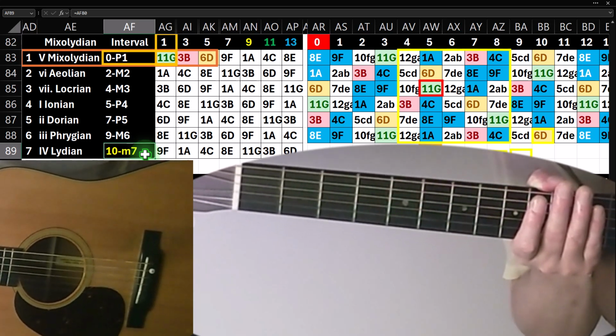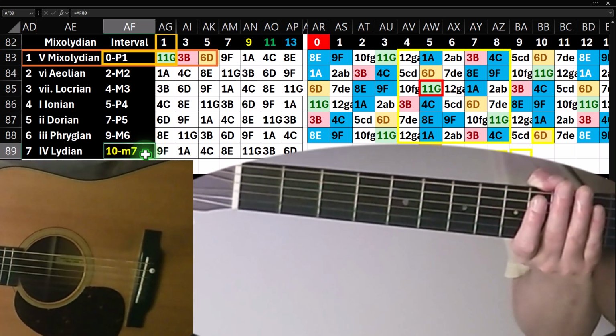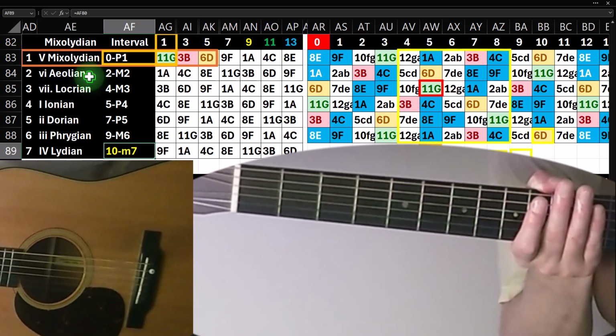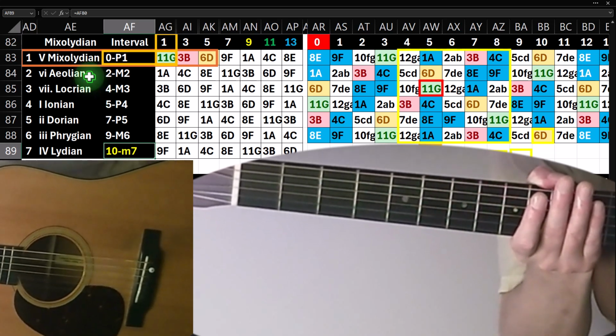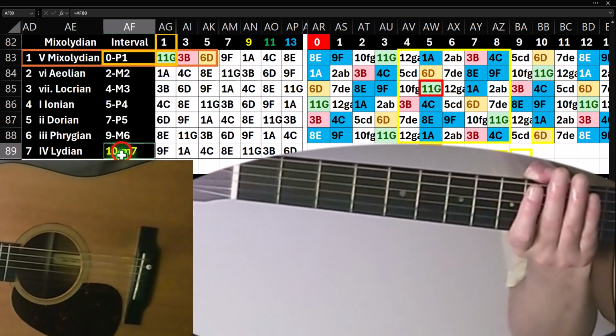So the Mixolydian mode has a minor 7, and that makes the Mixolydian a little bit closer to a minor mode in that way, because it has that distinctive minor 7.